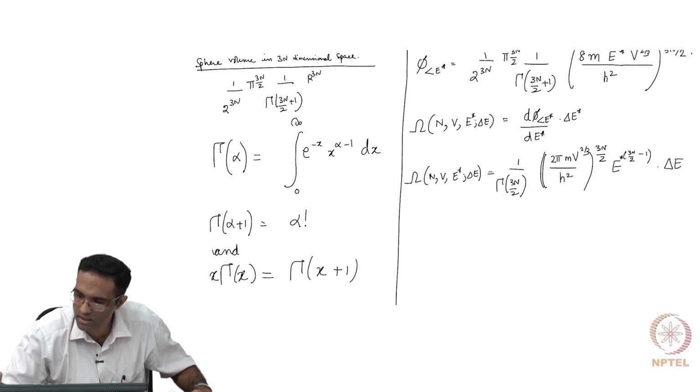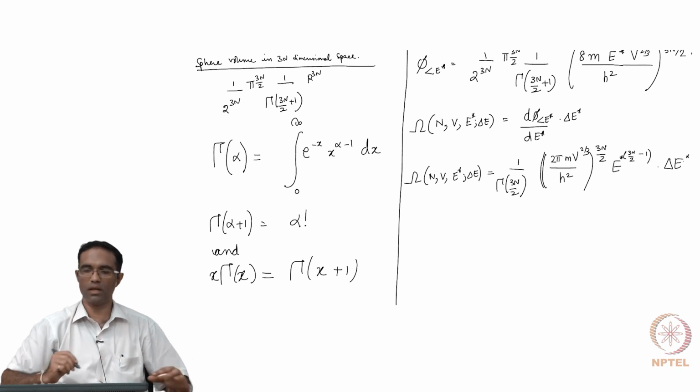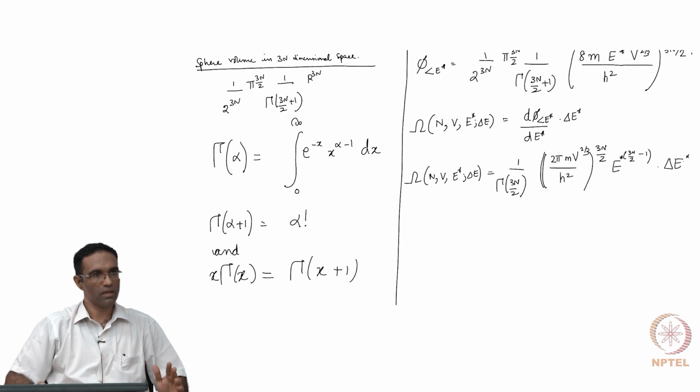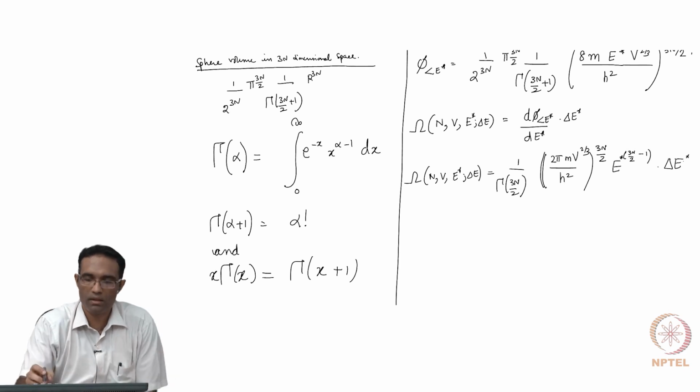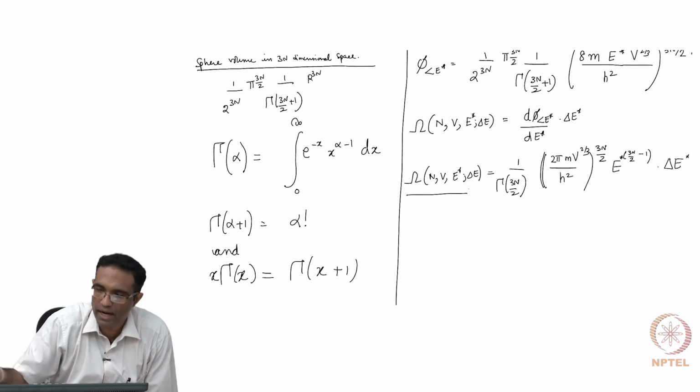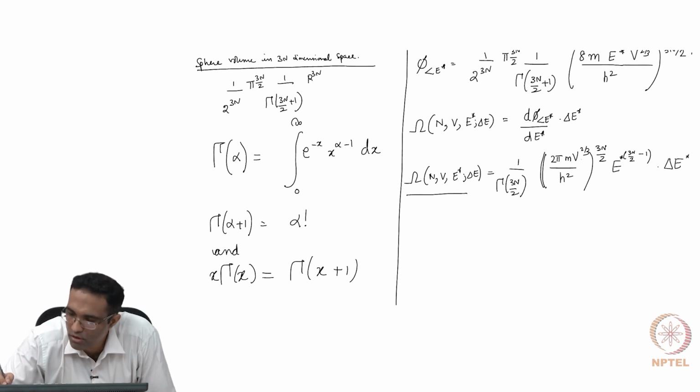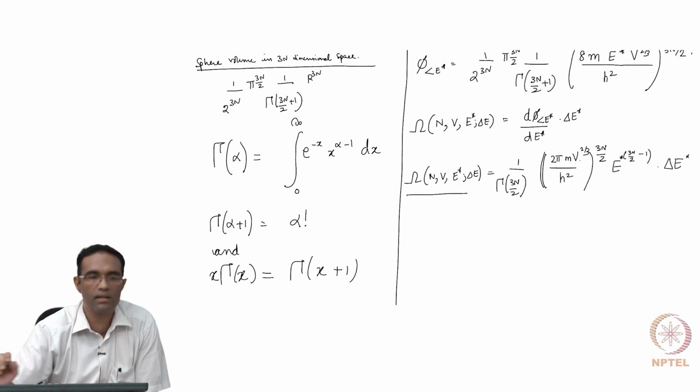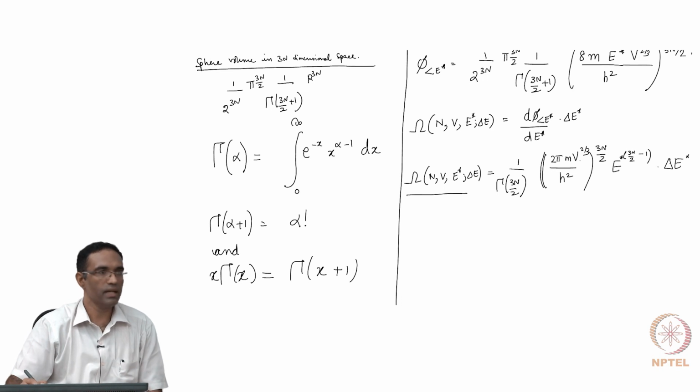So this is all delta E star. This would be the total number of complexions, the total number of ways the system actually arranges itself at equilibrium for this ideal gas. So we have obtained this omega for an ideal gas as a function of V, N and the energy E that it can actually have.